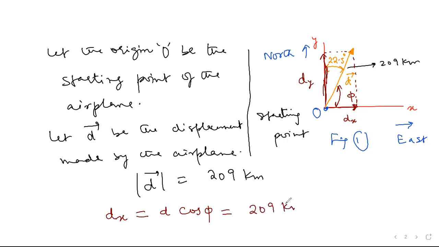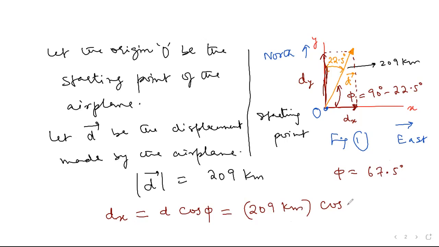Substitute the values. d is 209 kilometers. Then cosine of phi. Phi is simply, this overall angle is 90 degrees, so it is 90 degrees minus 22.5 degrees, which is 67.5 degrees, right?